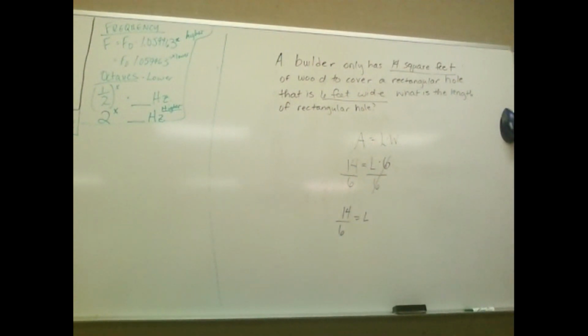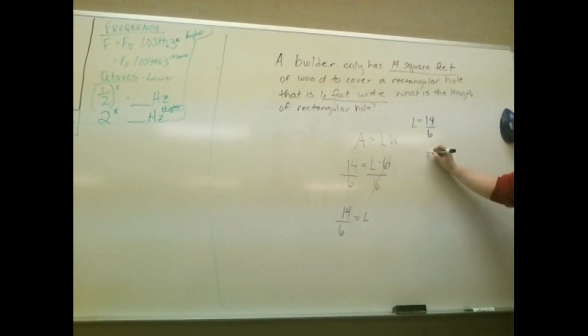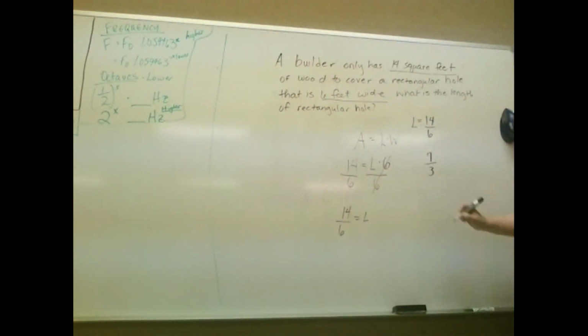You can leave it as 14 over 6, or rewrite it as 7 over 3. Or you can write it as a decimal. If you put it in your calculator, whatever it pops out for you is fine as well.